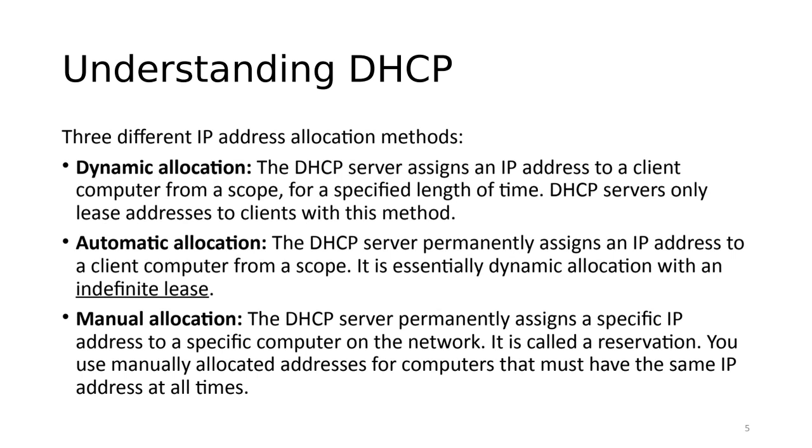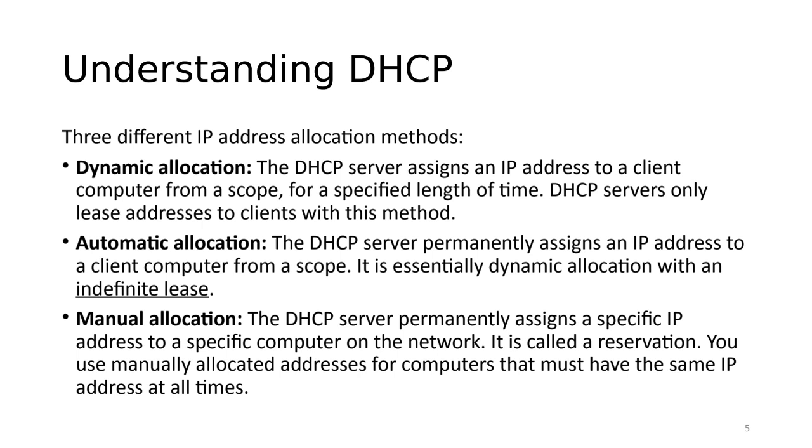We have 3 different IP allocation methods performed by DHCP. The first one is dynamic allocation. Here the DHCP server assigns an IP address to a client computer from the scope, or from the pool, for a certain amount of time. We call it the lease period.